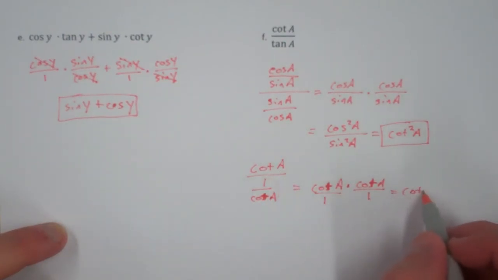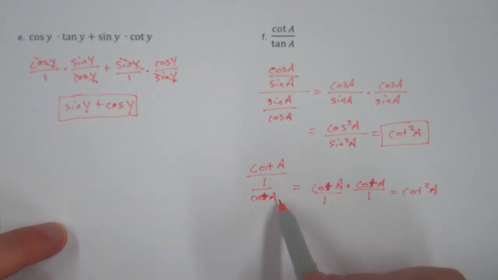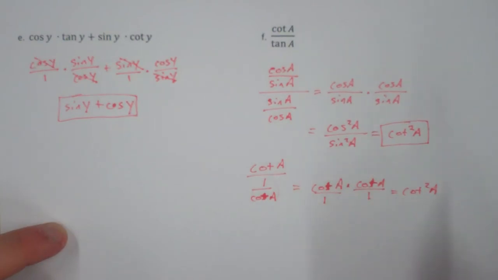And so we still get the cotangent squared. You'll notice it took us a little bit longer to do that using sine and cosine, and this is maybe a little bit more elegant. It's just a 2, maybe 3 step simplification, but we arrive at the same thing.